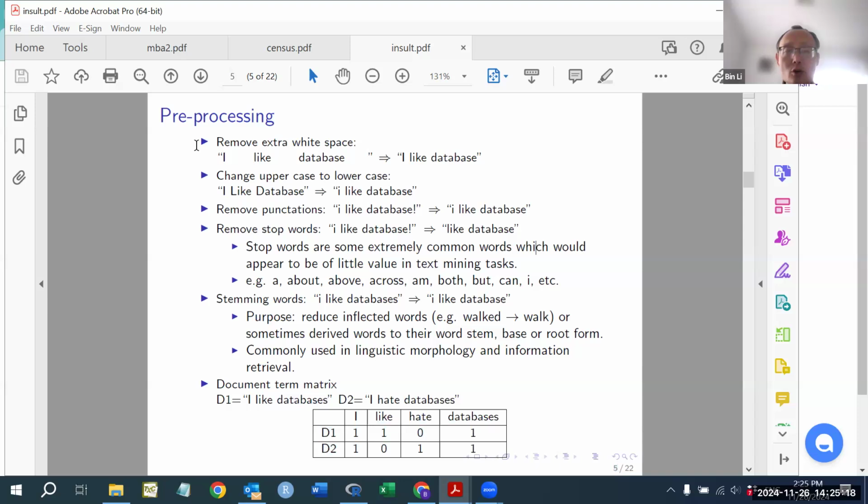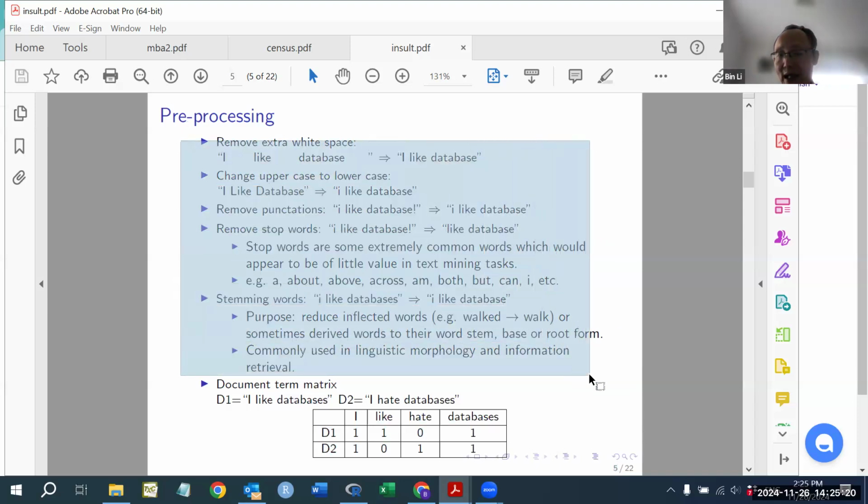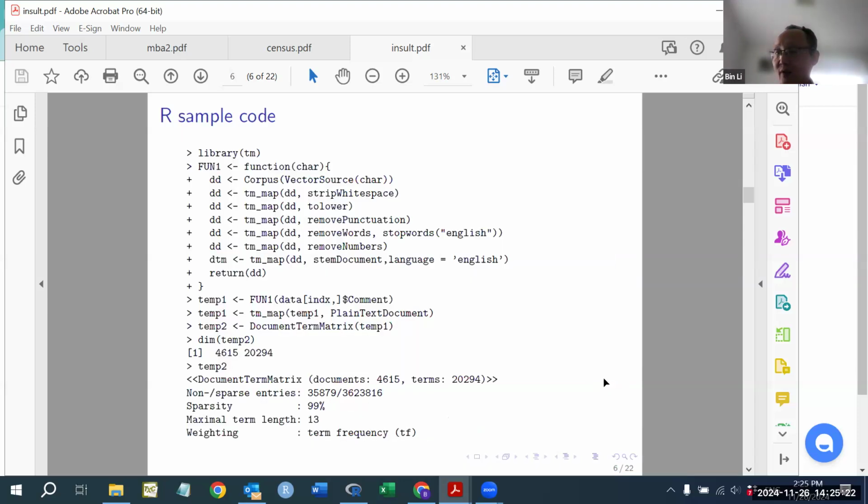To do this, we don't have to do it by hand. There are many text mining packages available in R. So here I'm using the tm library in R. tm is a standard text mining package in R.